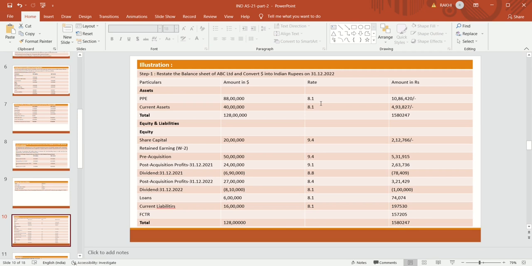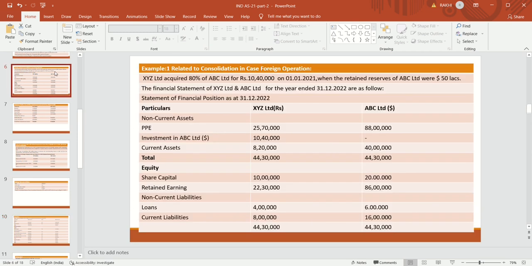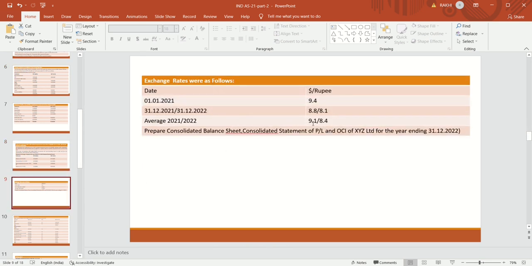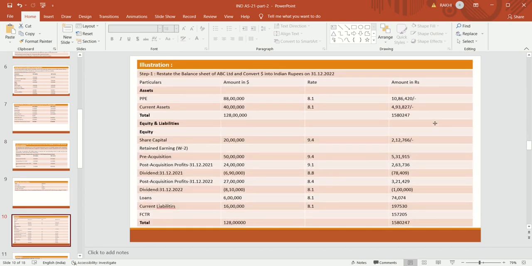And then the current asset is 40 lakhs in dollars. We will convert it by taking the closing rate, which is 8.1, into Indian rupees. That is 40 lakhs divided by 8.1, which is 4,93,827.